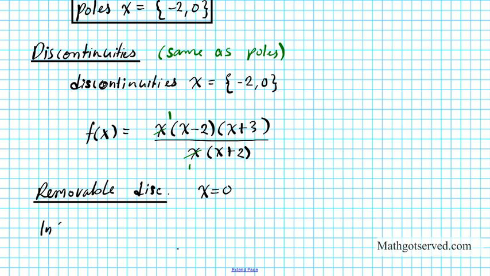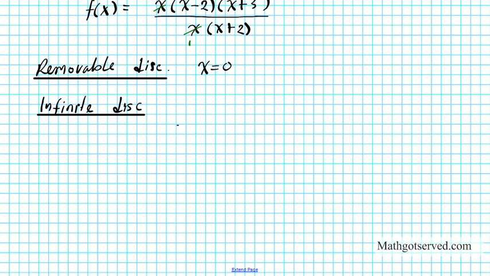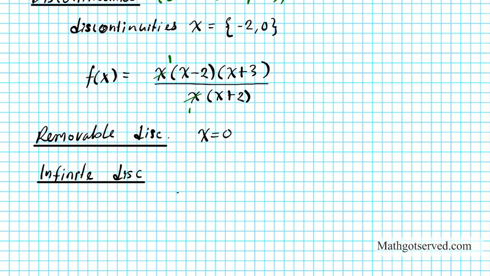Well, let's see. Infinite discontinuity. To find that one out, all we simply do is take a look at the factor or the pole that did not get cancelled out in the reduction form. If you take a look at the original function, we notice this got cancelled out, x plus 2 didn't get cancelled out. So that will help me find the infinite discontinuity.